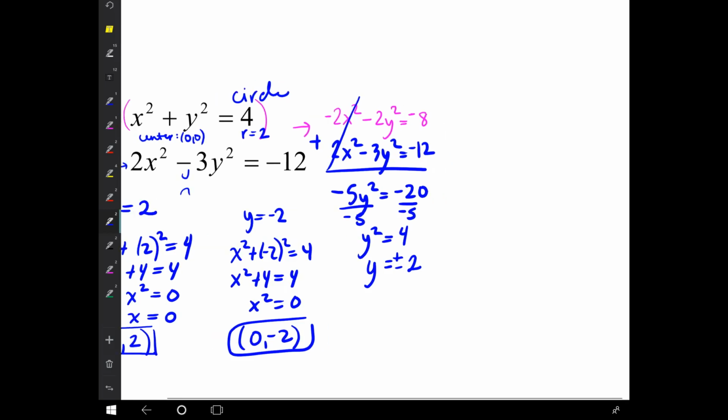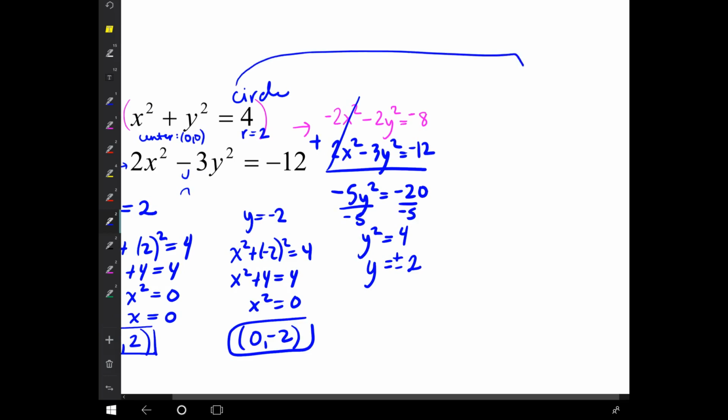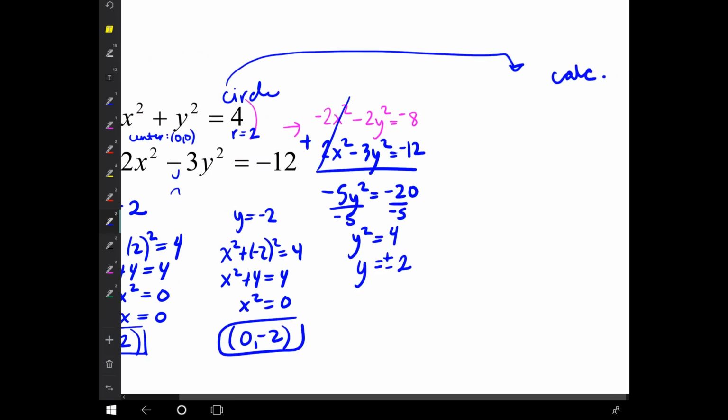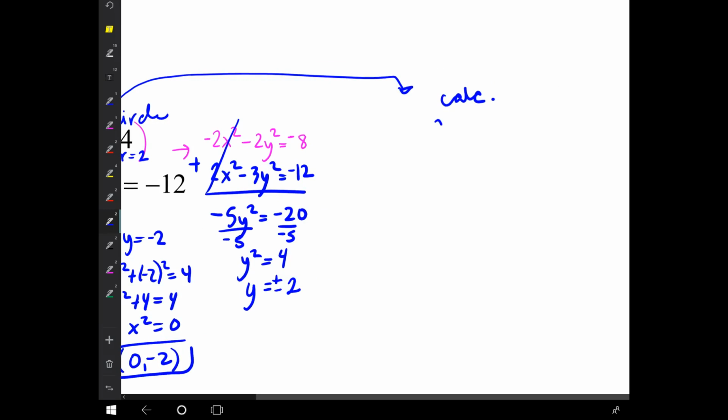So let's go ahead and bring these equations over. What variable are we going to have to solve for in solving on the calculator? Y. So we have x squared plus y squared equals 4. I'm going to solve for y, so subtract x squared. Y squared equals 4 minus x squared. Take the square root.